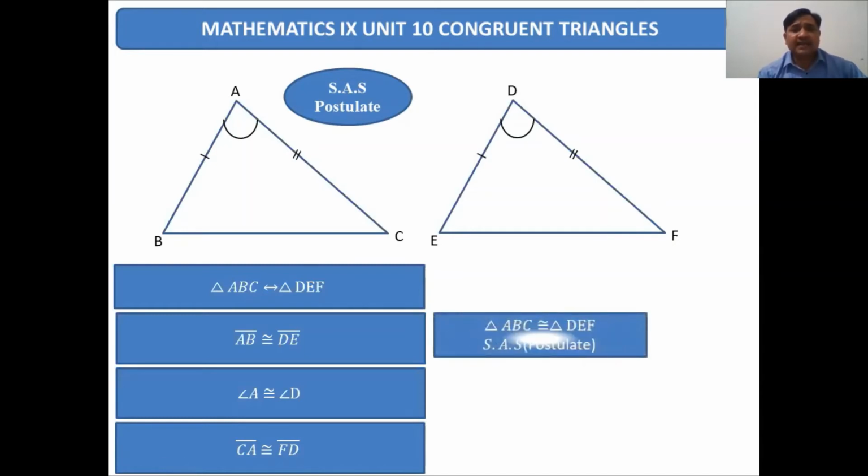By side angle side postulate, this triangle is congruent with this triangle. So triangle ABC is congruent with triangle DEF because the 3 parts of this triangle are congruent with the corresponding 3 parts of the second triangle.